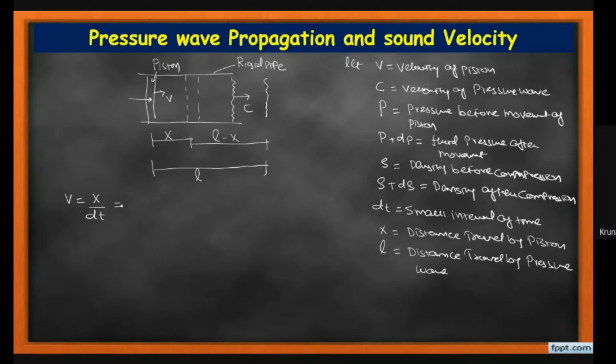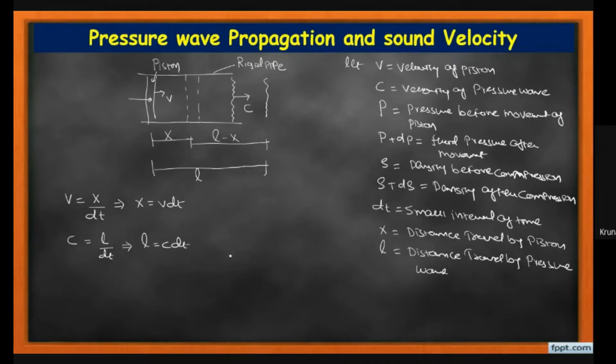So we have the expression x equals v into dt. Similarly, c is the velocity of the pressure wave, which travels the distance L, divided by dt. So we get L equals c into dt.